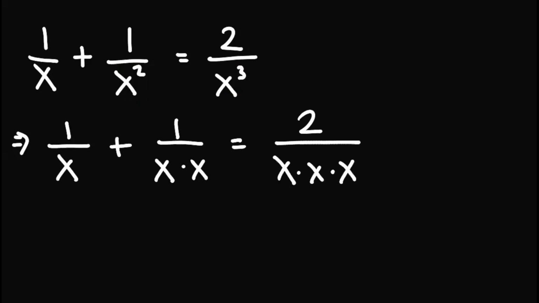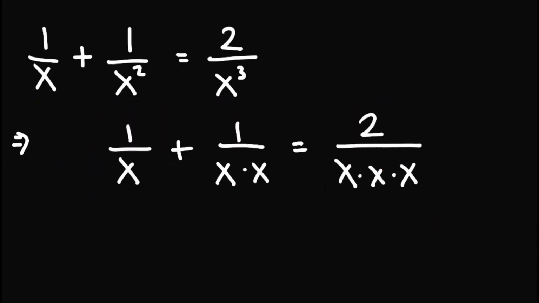So what do we multiply in both sides of the equation to eliminate these denominators? We can multiply x times x times x.